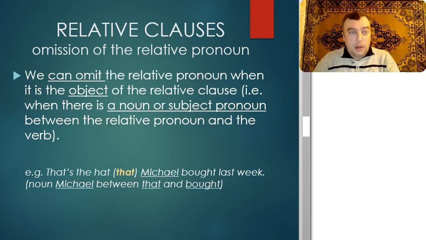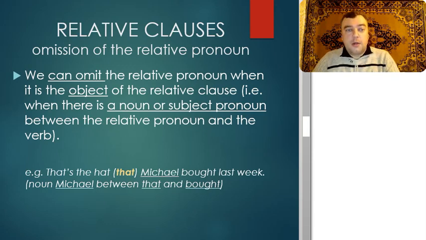We can omit the relative pronoun when it is the object of the relative clause. That's to say, when there's a noun or subject pronoun between the relative pronoun and the verb. So an example can clarify this for us. That's the hat that Michael bought last week. We are trying to identify the word hat in this example, and the relative clause begins with that, and the verb of this relative clause is bought.